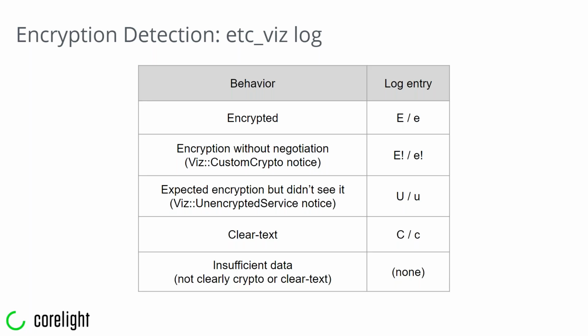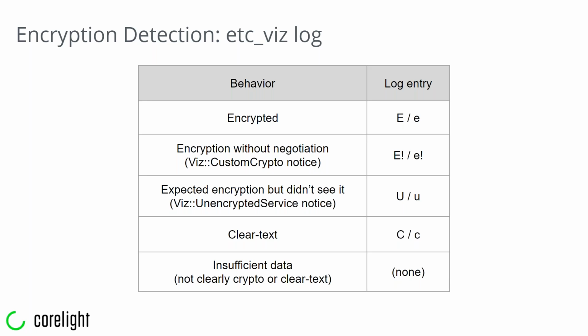So that implies that that particular connection was using some kind of custom cryptography, and that could be a piece of malware that already has a key embedded in it. That can be an attacker that's using some encrypted protocol, but not something standard. Or potentially that could be, I don't want to say benign, but something like encrypted chat software that has keys embedded in it. So that's certainly something worth looking at.